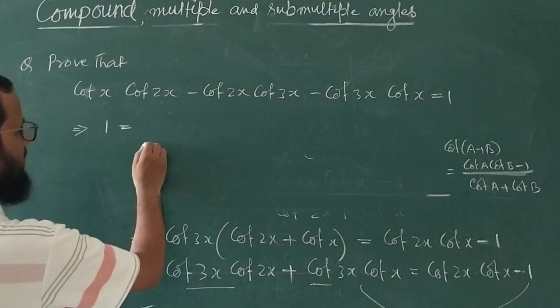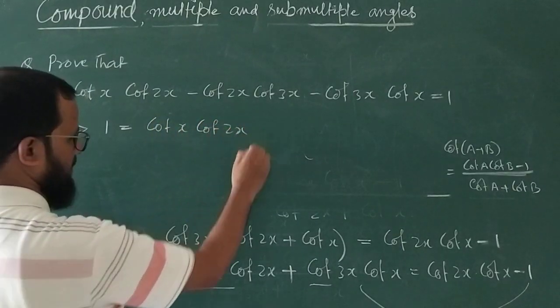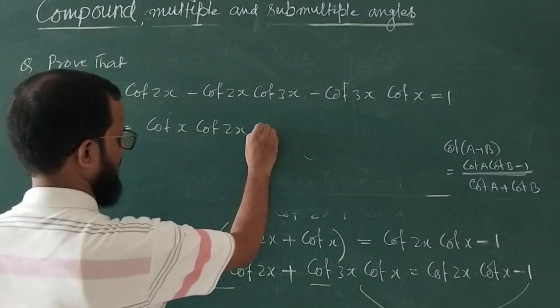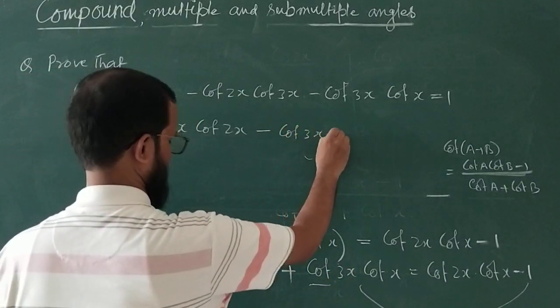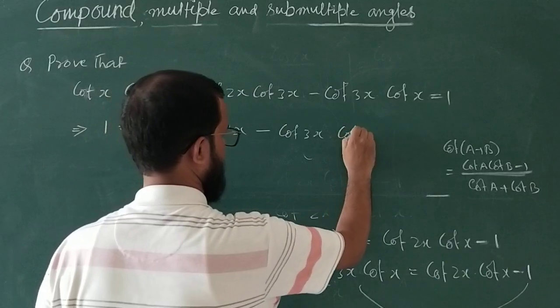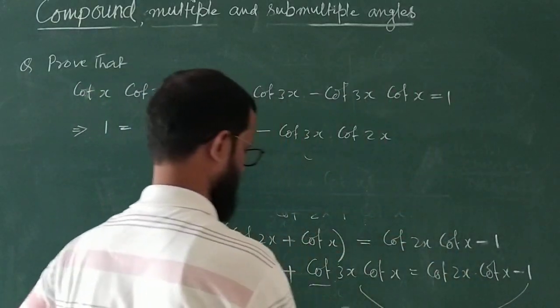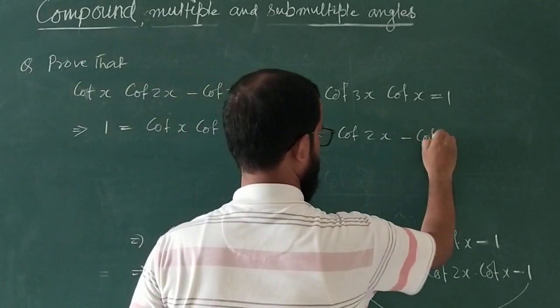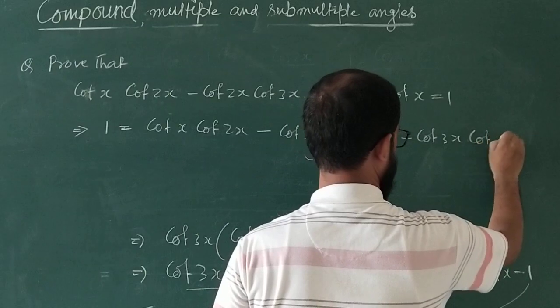आई होप यू आर अंडरस्टैंडिंग. आई एम नॉट गोइंग टू एक्सप्लेन मच. cot x into cot 2x minus cot 3x into cot 2x, okay, minus cot 3x into cot x, okay.